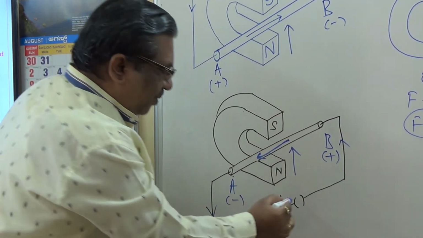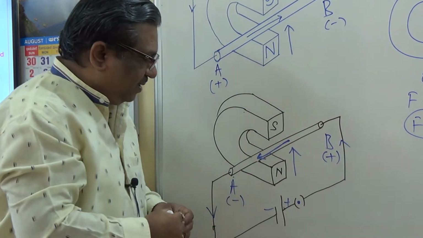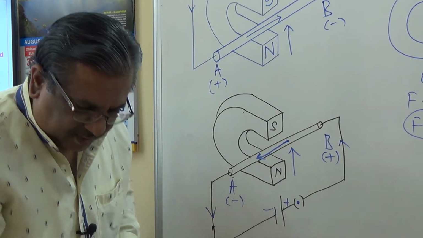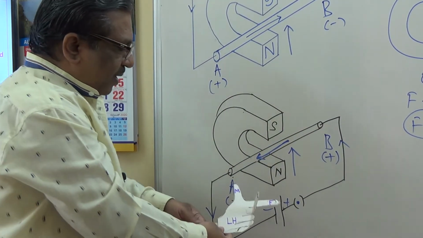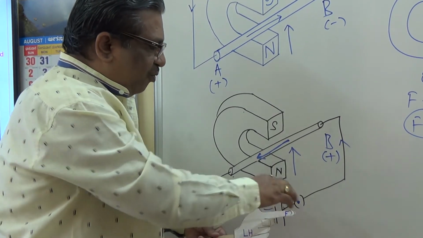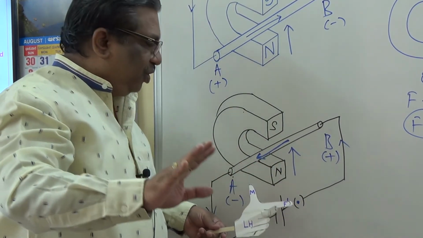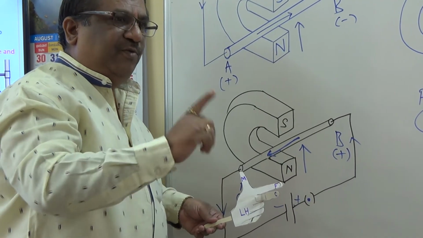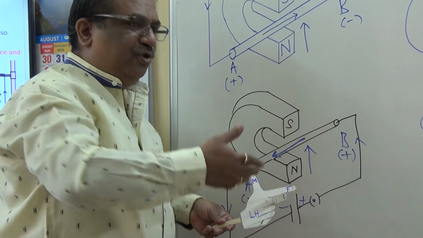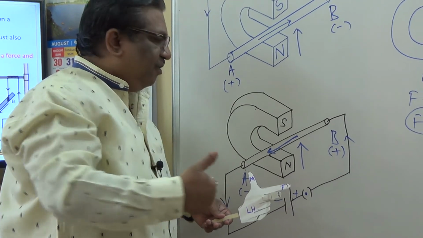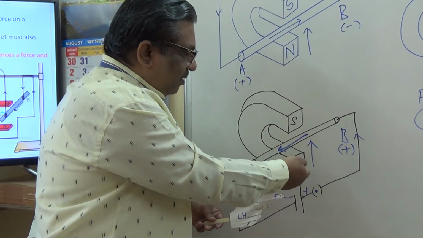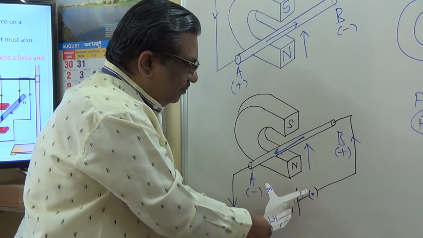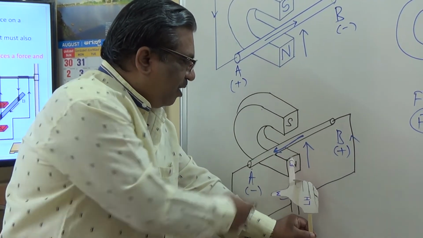Let us switch on, then only it is correct. Now here we will try to apply once again. Out of the three fingers, the field and current are to be positioned. If I position the field and current, the thumb should automatically give me the direction of motion of the conductor. Field, bottom to top.